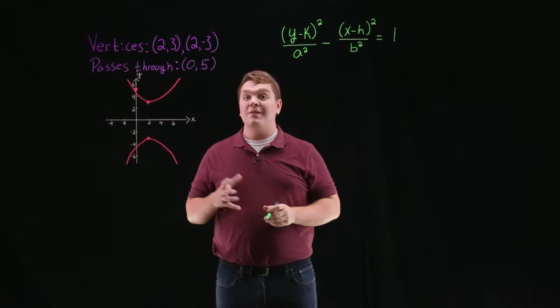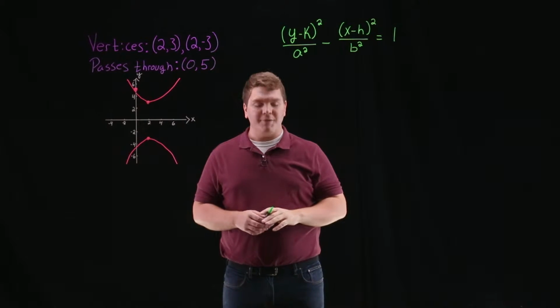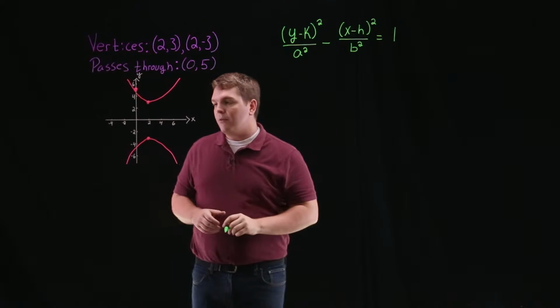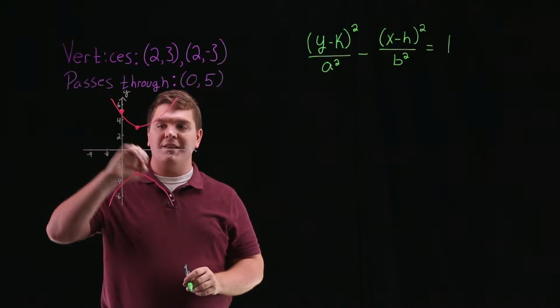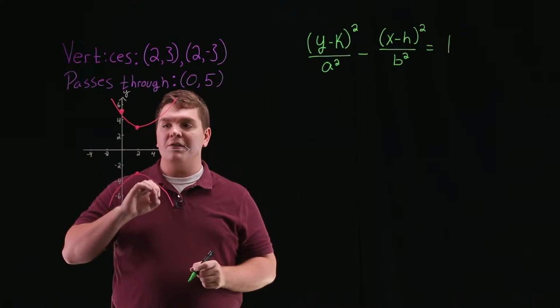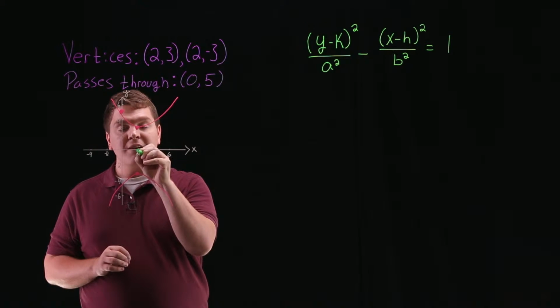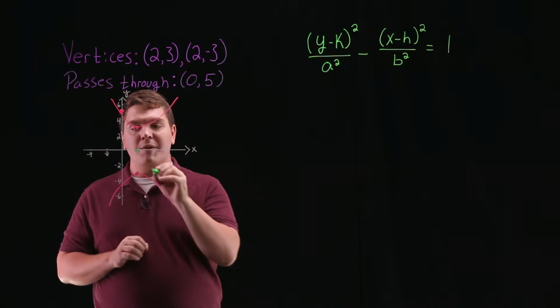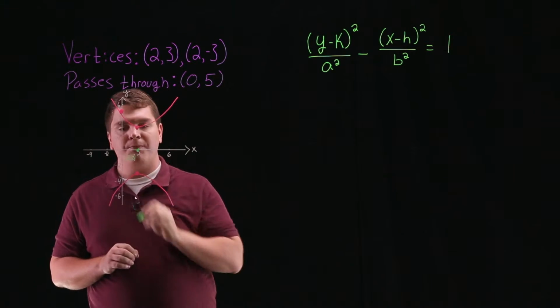Now, we have a couple different ways that we can go about doing this, but let's start by first finding the center. So we know that the center is going to be at the midpoint of the line segment joining our two vertices, and we can go through the computation, or we can just look at the graph. And what we'll see from here is that the center of our hyperbola is going to be this point here, the point (2, 0).